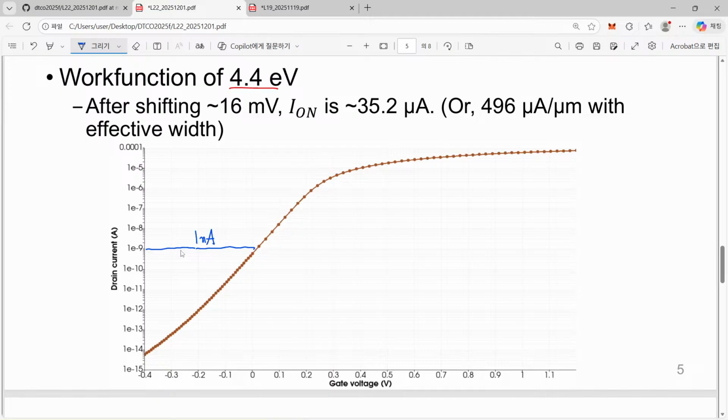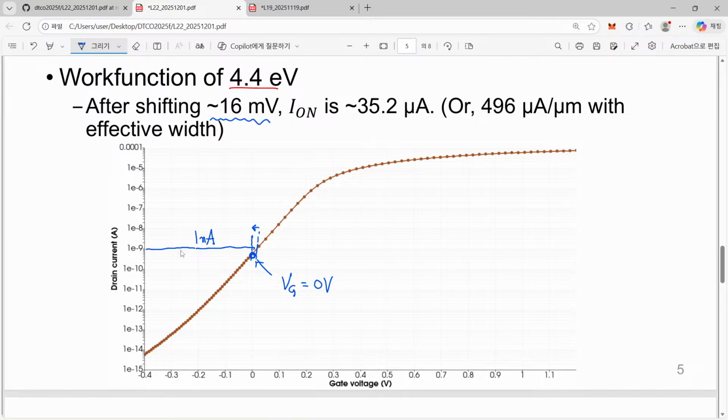So this is corresponding to our 1 nanoampere case. Simply speaking, this corresponds to gate voltage equal to 0 volt, which means that when you apply gate voltage equal to 0, your current is not exactly 1 nanoampere. So we need to shift our simulated curve by this amount in the negative direction. I manually found how much we shift, and its value was about 16 millivolts.